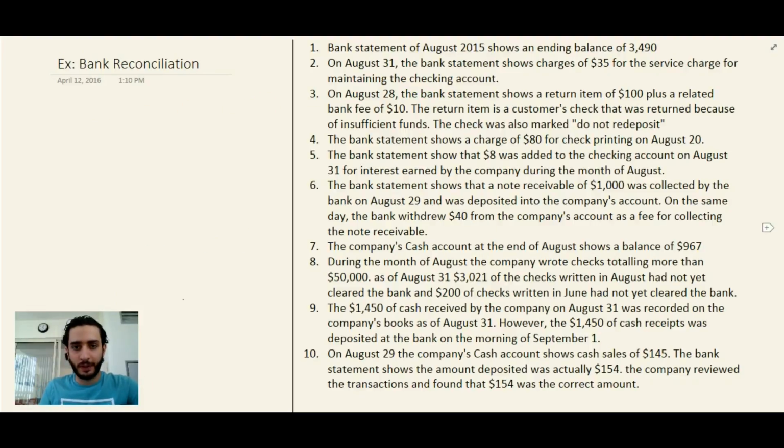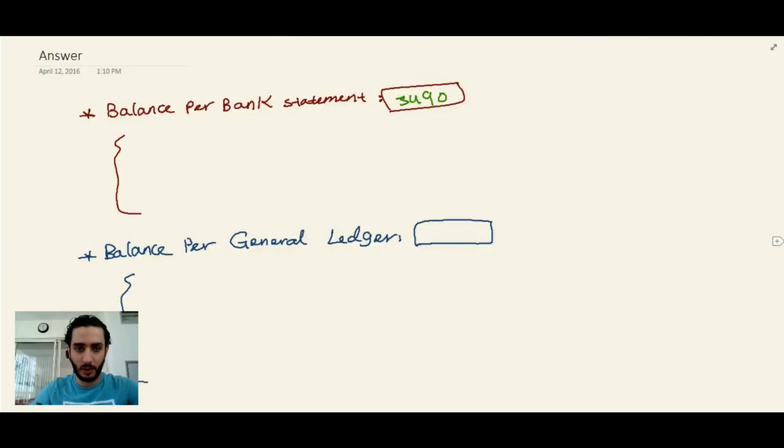On August 31st, the bank statement shows charges of $35 for the service charge for maintaining the checking account. So we have $35 of service charge. Where would we adjust this? Per the bank statement or per general ledger? Of course, per general ledger, as we said. So here we will deduct the banking fees.